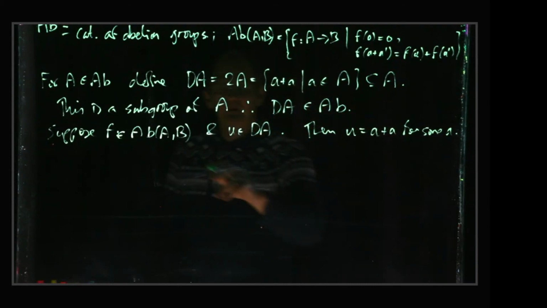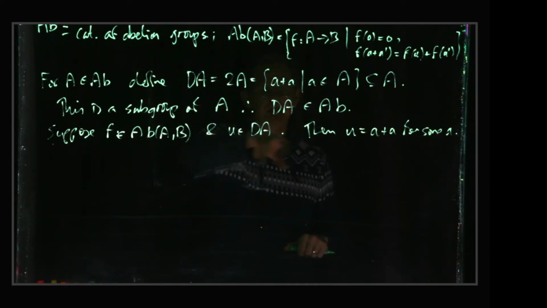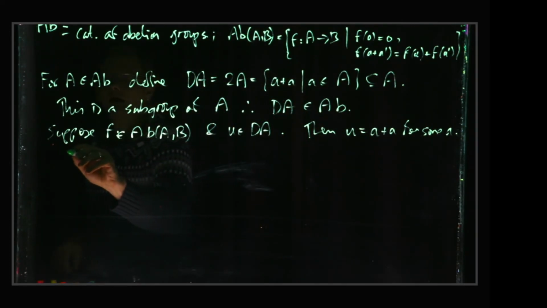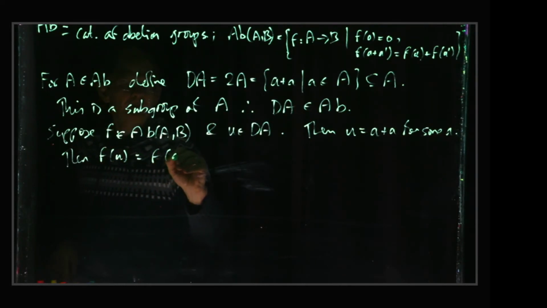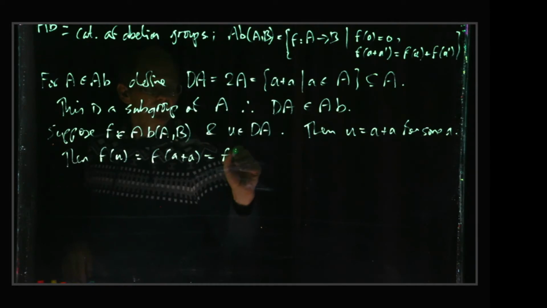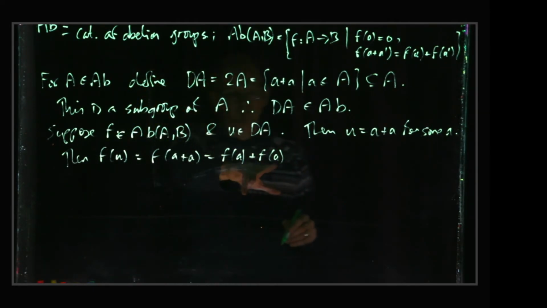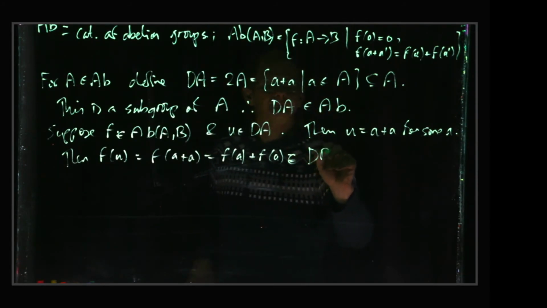Now let's suppose we've got some homomorphism f from A to B, and u is an element of D(A), which means that u can be written as a plus a for some a. Then f(u) is f(a + a), which is f(a) plus f(a). Because this is the sum of something with itself, we see that this is an element of D(B).